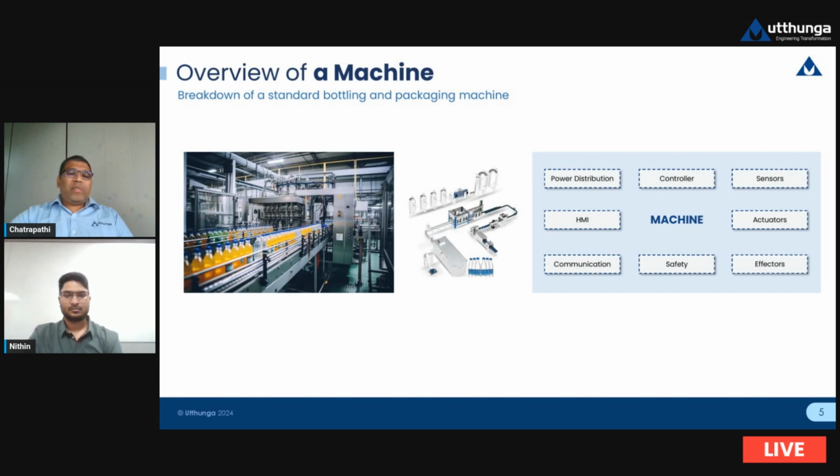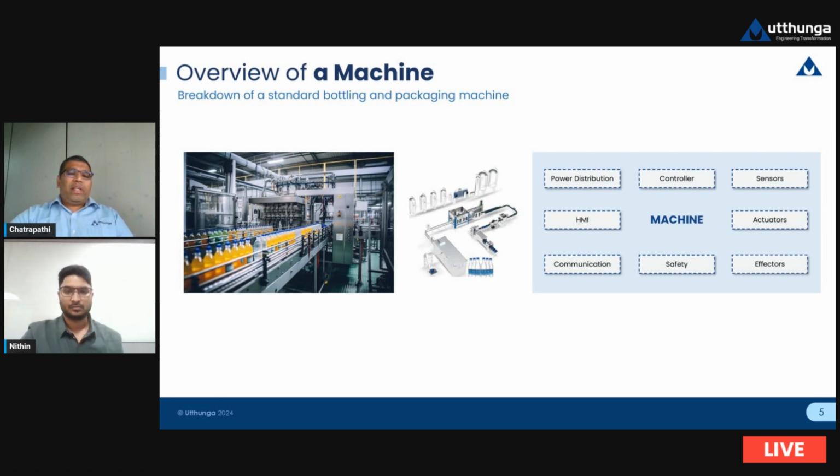And of course, these machines have safety systems. So, depending on the specific application, there can be stop buttons and other safety controllers and so on for safety systems.